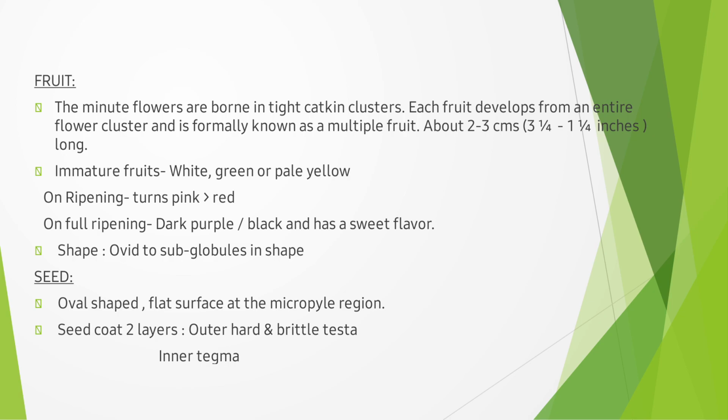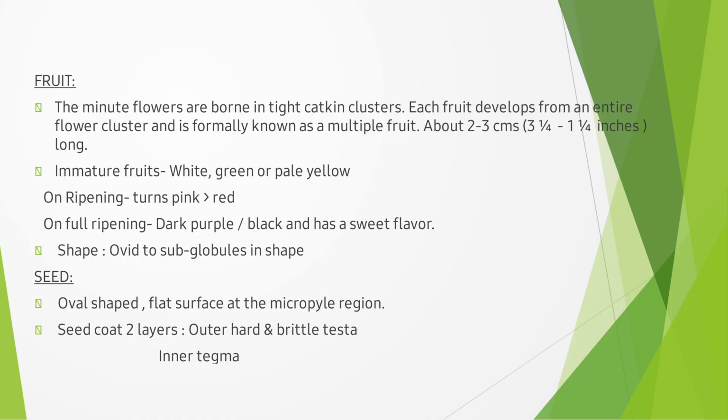The immature fruits of a mulberry are white, green or pale yellow in color, which on ripening turns pink to red. On full ripening, this turns to dark purple or black and has a sweet taste. The shape of the fruit is ovoid to subglobose in shape.